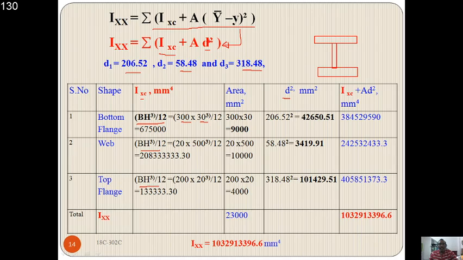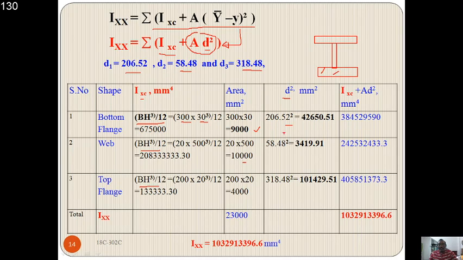Then you require the A d square term. Get the areas of the individual parts and write them down here. You have already calculated the d values. For the first one, d1 is 206.52, and you need to square that.